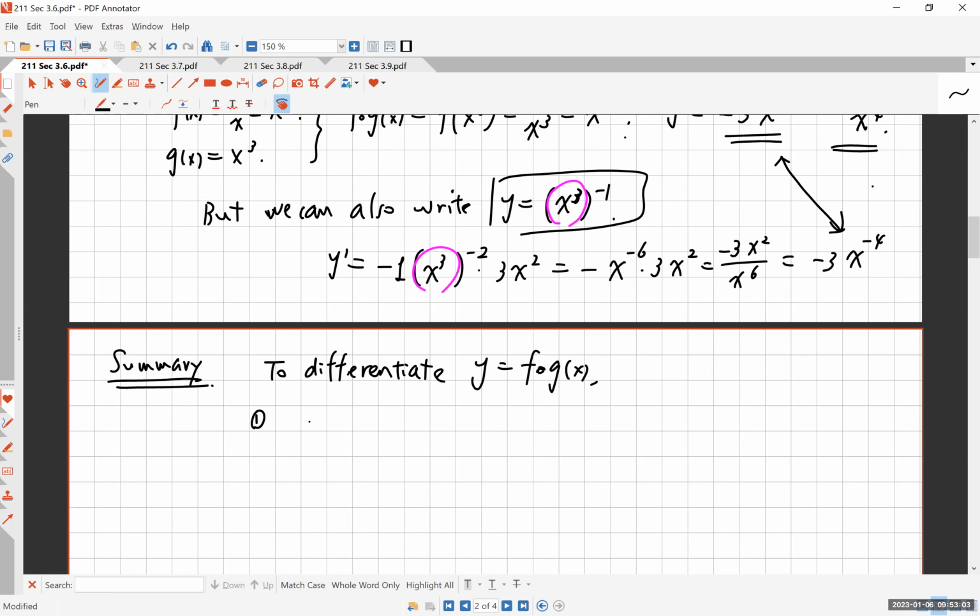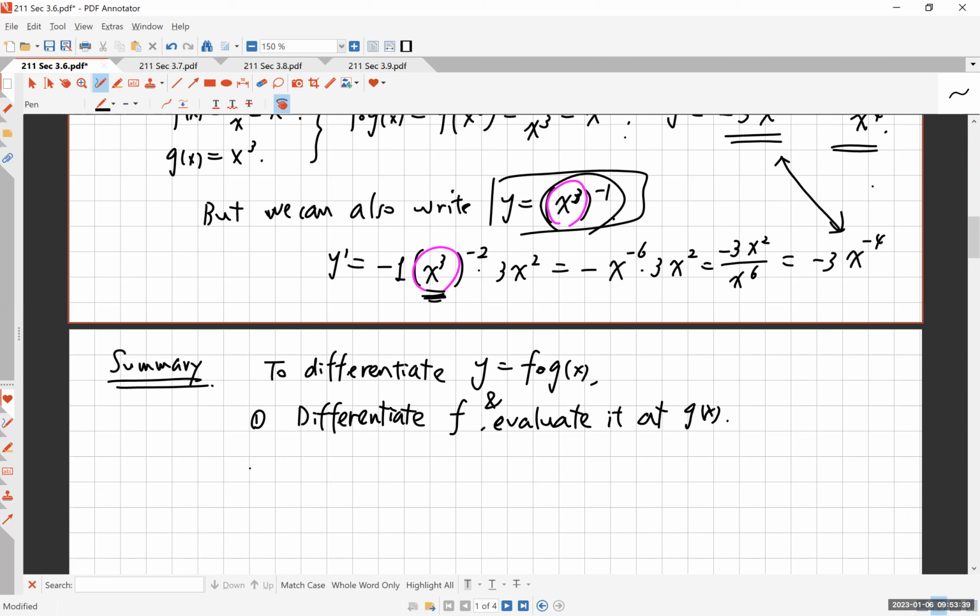Number one, differentiate f and evaluate it at g of x. That's what I mean by this. So you take this, and it's basically -1 times whatever is inside to the negative second power. And that something, whatever is inside, is called the blob, and that's g of x.